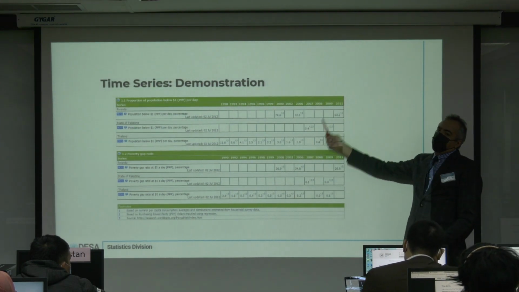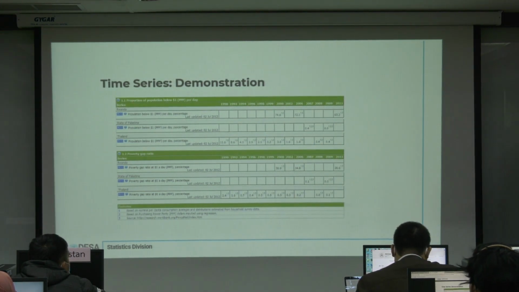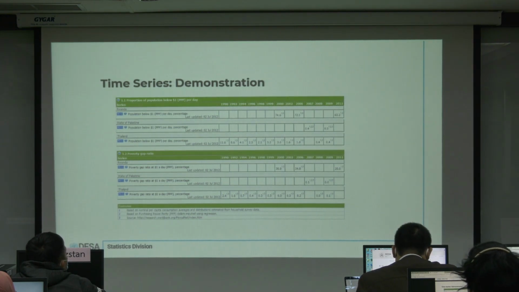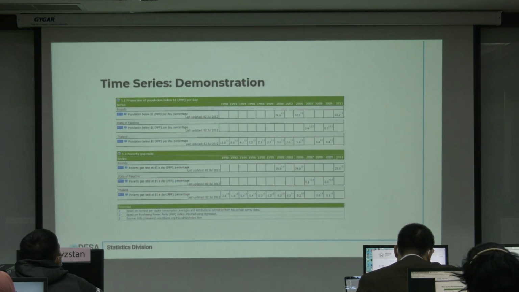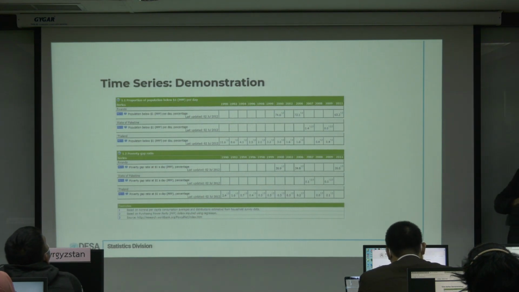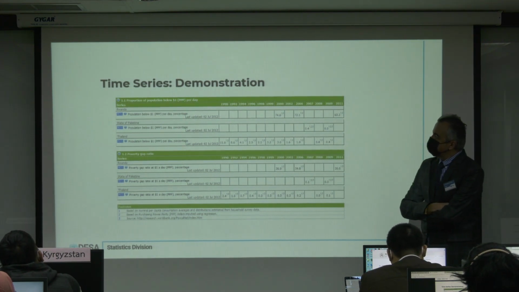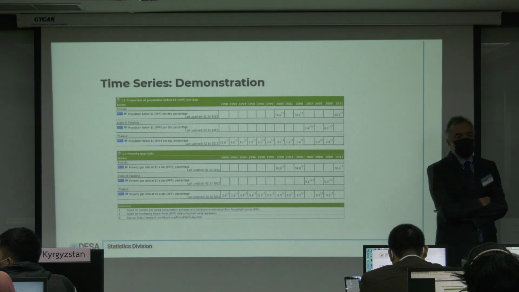Now, if this is clear, then tell me how many time series do we have on this picture, on this table? It's not a trick question.